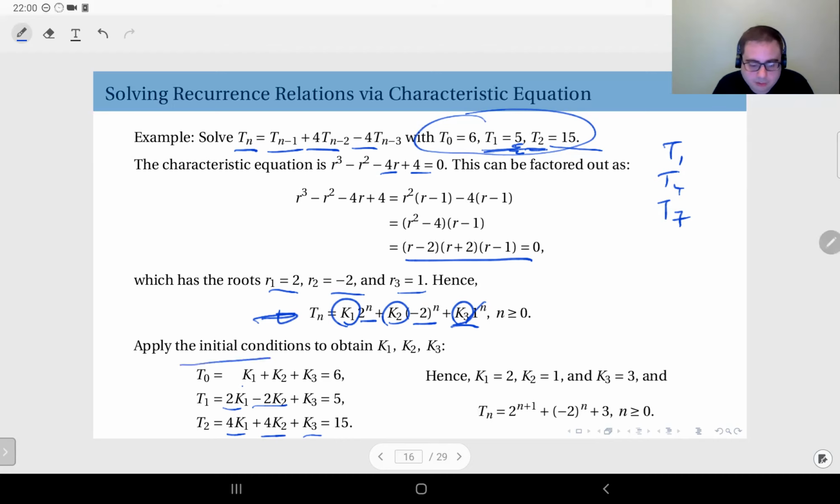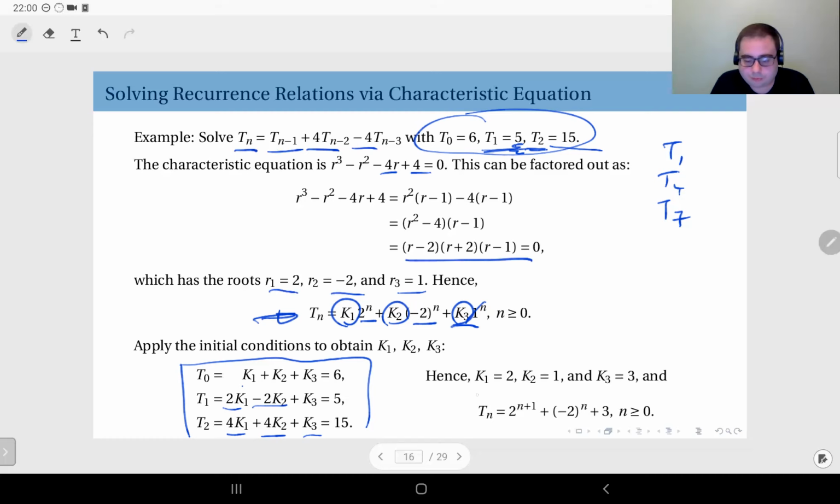So now you have 3 equations in 3 unknowns, these 3 coefficients. What you need to do is solve this linear system of equations, which is not really that difficult. You can do it by hand if you like. You can use either substitution, or Gaussian elimination, or maybe if you have access to a computer, you can use computing tools to find the solution of this system of linear equations.